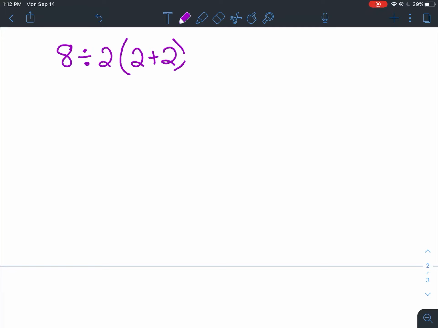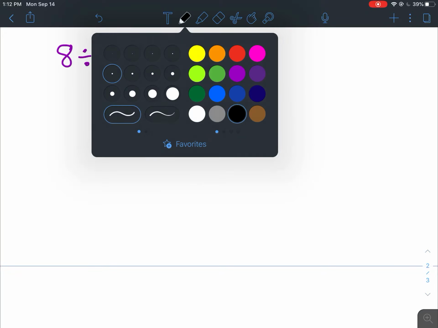Somebody wrote this question on the internet and everybody was stumped. People were getting 2 different answers. Is it 16? Is it 1? It was all over the place. I got text messages from my friends asking me what the answer was.